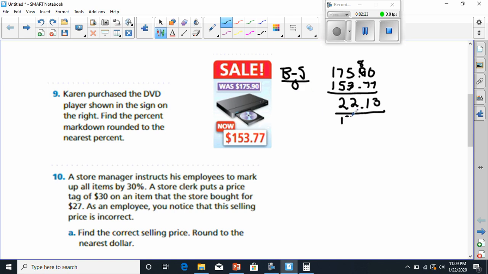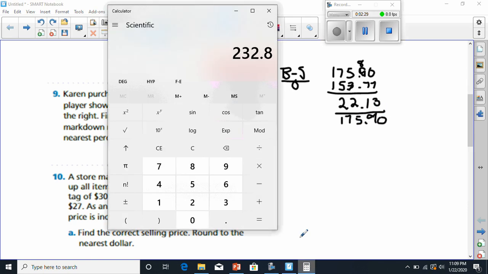And that was 175.90. All right, let's check that out in the calculator. It says 22.13 on top.